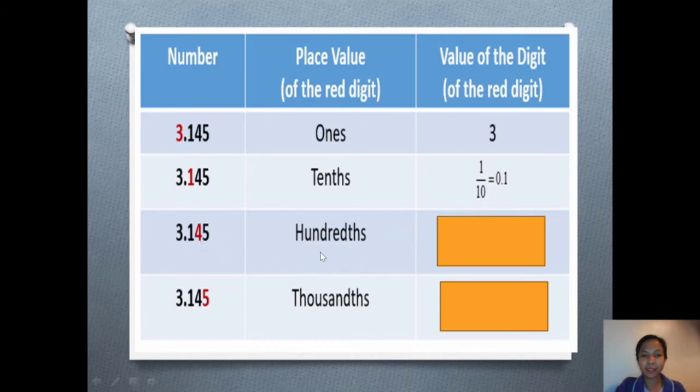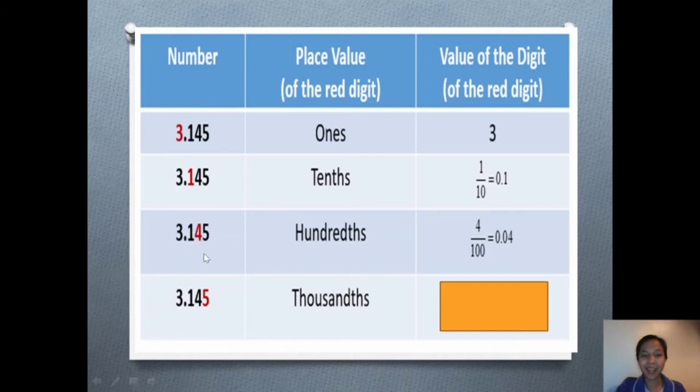Tenths, hundredths. The place value is hundredths. Now tell me, what is the digit value of 4 there? How are you going to write the digit value? So the digit value is, in fraction form, 4 over 100 because it's hundredths, right?